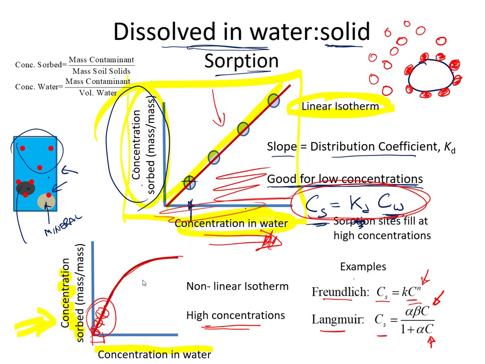So this linear isotherm works pretty well, and we can see that even if we have this kind of nonlinear effect, so long as the concentrations are low, then we can use this linear expression.